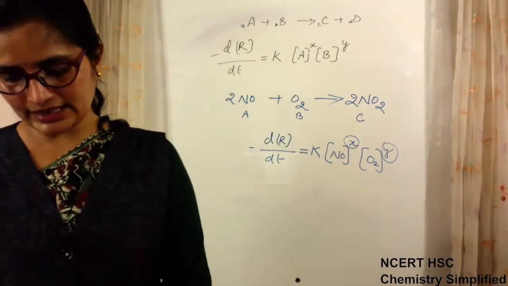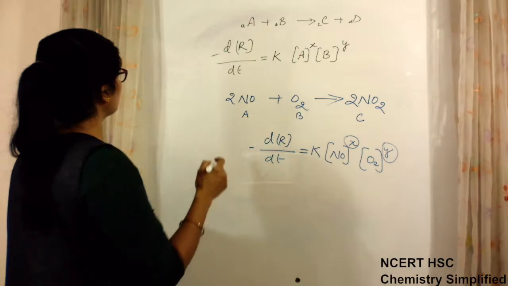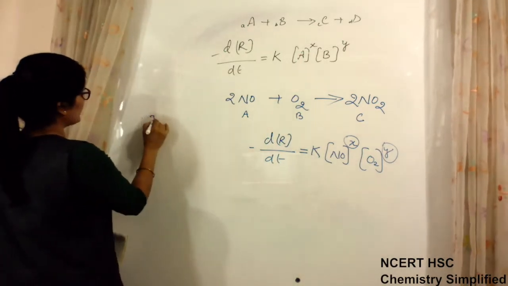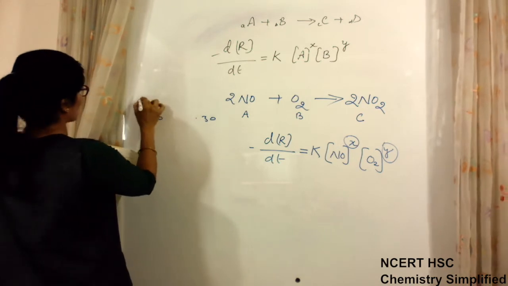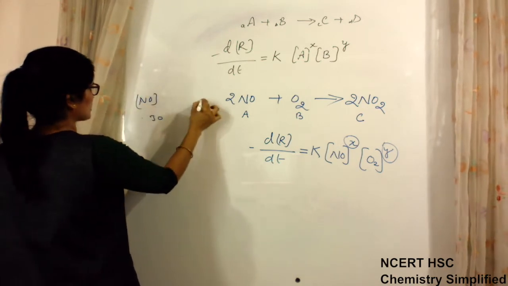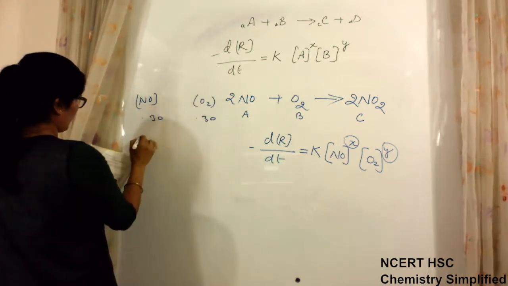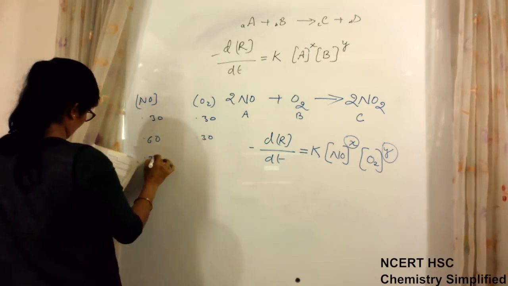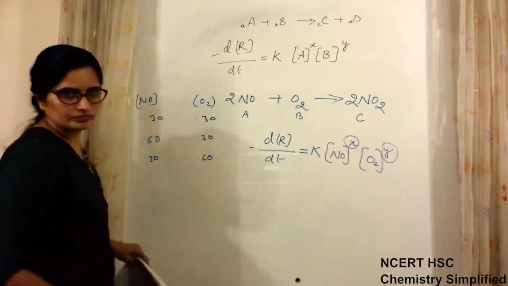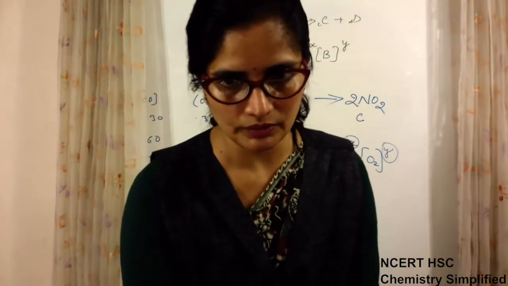So now we will write some data which is given. 0.30, 0.30. This is concentration of NO, this is concentration of O2. 0.60, 0.30, 0.30, 0.60. Okay.